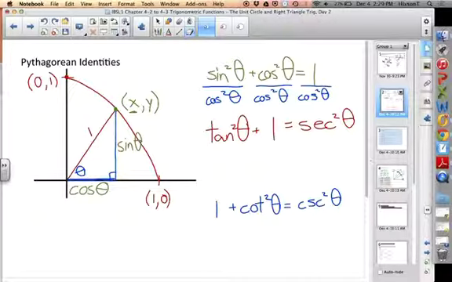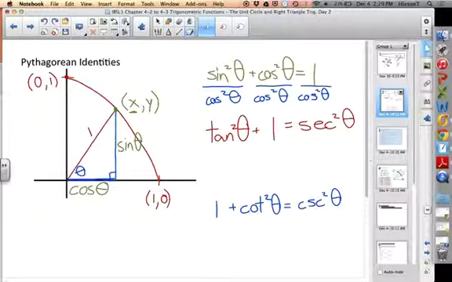This kind of shows you how we can be flexible with these. Obviously, if I wanted to, I could rearrange these algebraically. So if I wanted sine squared, I could write sine squared equals 1 minus cosine squared. I would just subtract the cosine squared from both sides.